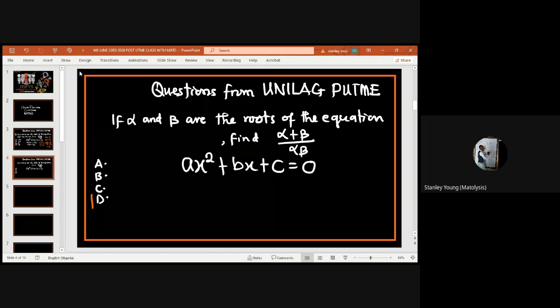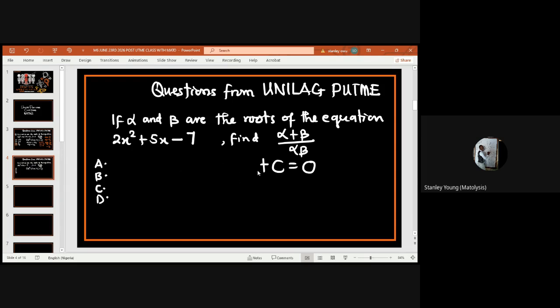Say the question decided to give you 2x squared plus 5x minus 7. The question wants you to find alpha plus beta divided by alpha beta. So I want you to try that.